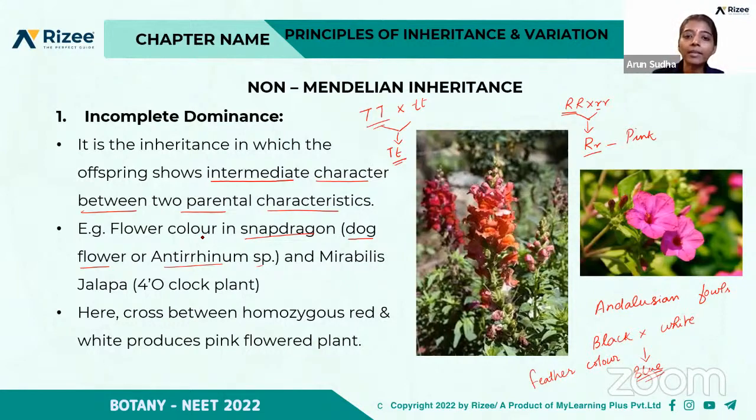In the case of snapdragon, a cross between homozygous red and white produces a pink flowered plant. Okay. So these three are the main examples for incomplete dominance: snapdragon, Mirabilis jalapa, and the feather color in Andalusian fowl.